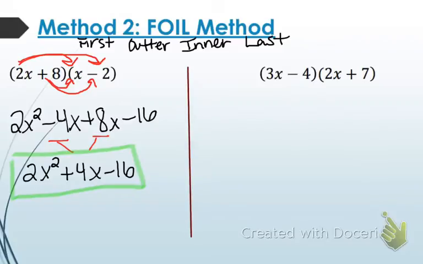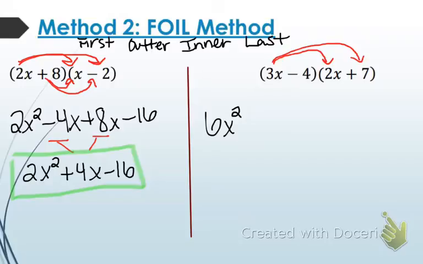Let's try another one. Again, I'm not going to write down the steps for first, outer, inner, last. I'm just going to draw arrows. The first times the first. So this is 3 times 2, which is 6. X times x is x squared. The outer terms, the two that are as far away from each other.